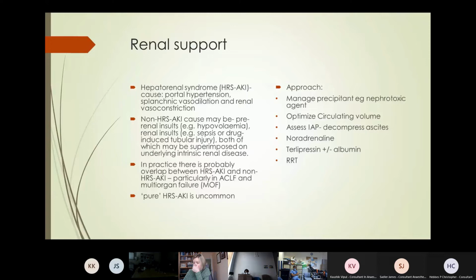Think about all the other factors that could be causing this renal failure. That's non-HRS. We need to think of any renal insults. It could be hypovolemia, sepsis. It could be drugs, drug-induced tubular injuries. Some of them have been really diuresed until they're hypovolemic. Think of such things.